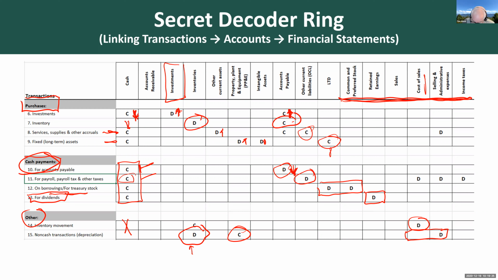Purchases generally have a theme. Most of them are just going to affect accounts payable, because most of these are, as they say, on account. Somebody's extending credit to us. Then we've got the cash payments, where all of these are going to reduce our cash, but they're also going to reduce a liability probably as well, or in that last case, it's paying out some dividends.